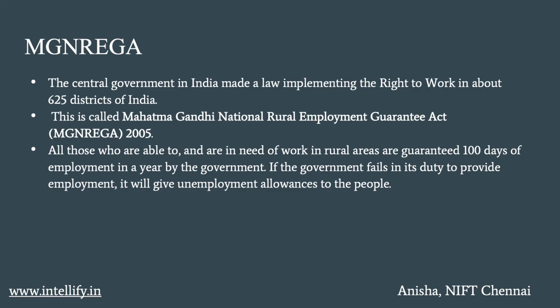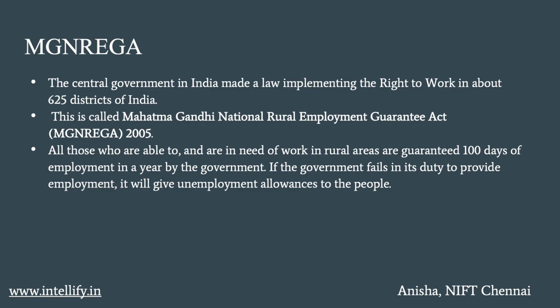Whatever we discussed previously would take a long time to implement. For a short term, we need to take some quick measures. Recognizing this, the central government in India has made a law implementing right to work in about 625 districts of India. It is called Mahatma Gandhi National Rural Employment Guarantee Act 2005 or MGNREGA 2005.